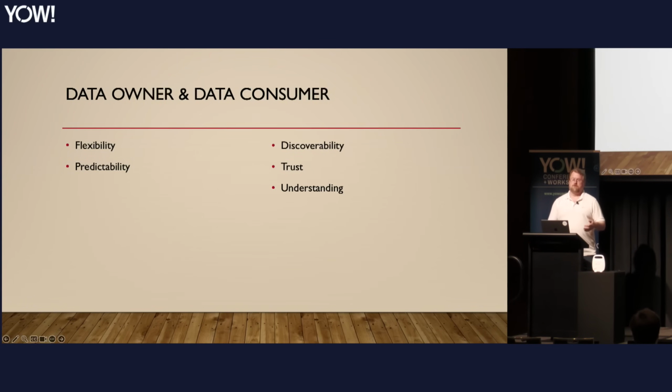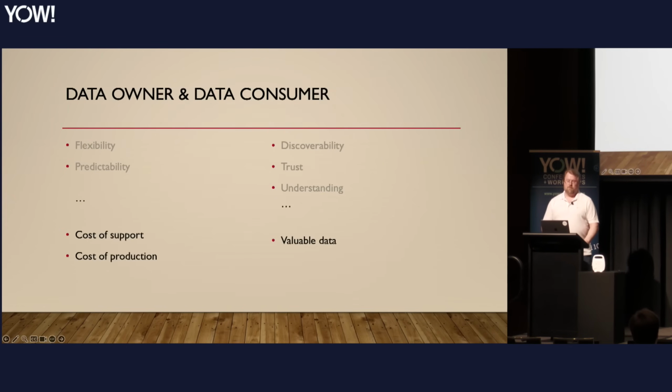They get to consume the best data possible to create their data products. But the data owner also picks up the cost of support, which might mean responding to those Ops Genie alerts in the middle of the night. They get the cost of production too. So those 15,000 EC2 nodes that we're running every night, we do tag them according to consumption by the data domains.